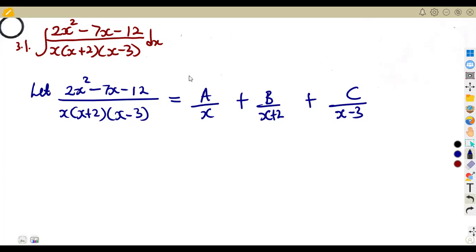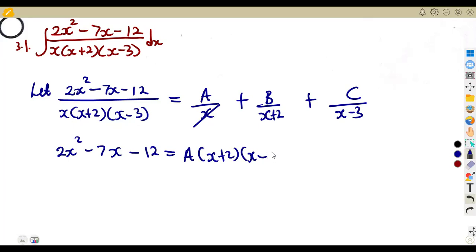So equating the numerators, we have 2x squared minus 7x minus 12 equal to A into the bracket of x plus 2 into the bracket of x minus 3, because x cancels.